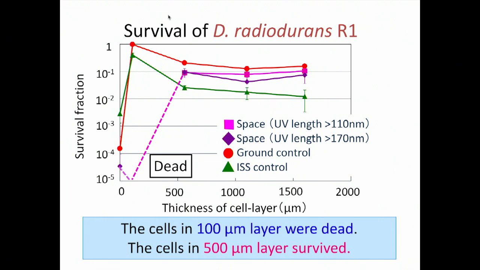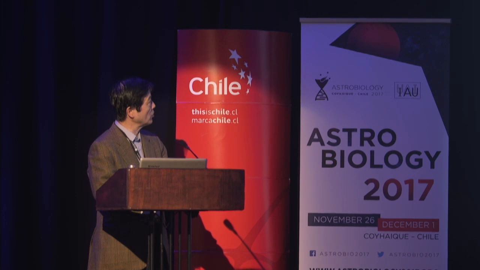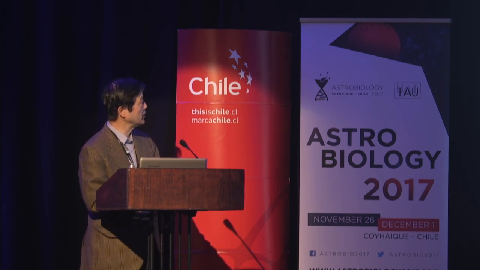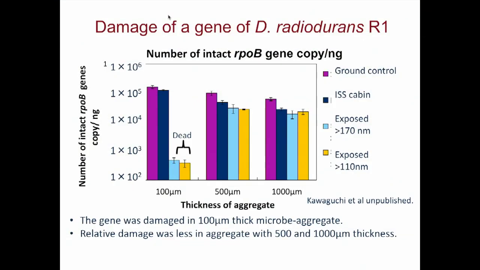We have checked the samples' DNA, and this shows the intactness of one of the genes, the rpoB gene. Forget about the name, but we checked the intactness of one of the genes. Compared with the ground control and ISS control, when the thickness is not thick enough, 100 micrometers, and they are exposed to the UV light, most of the DNA, our gene, is destroyed.